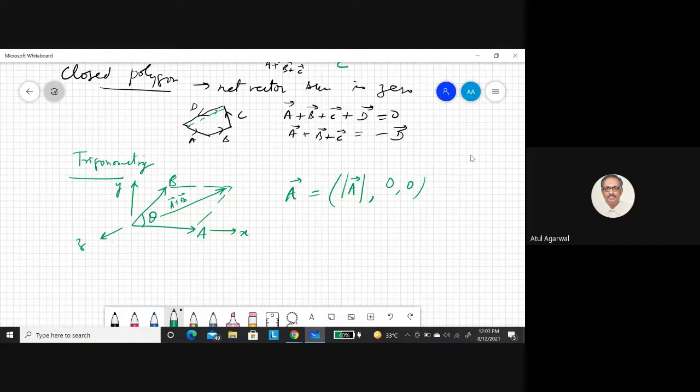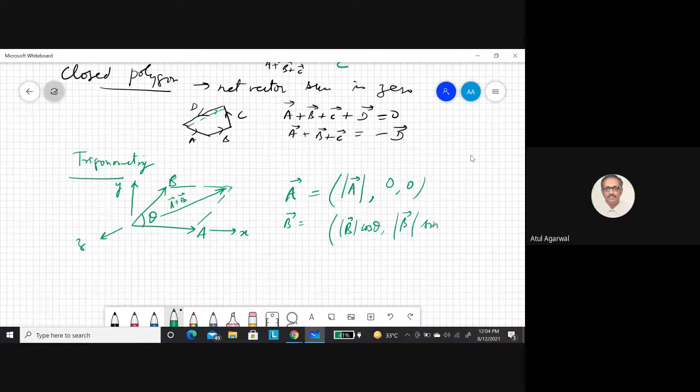And now vector b is making an angle theta with the x-axis, and vector b is in the xy plane. I can make a plane from these two vectors a and b, and my z-axis is perpendicular to that plane. So what is my vector b? Now I can say it is mod b cos theta, comma mod b sin theta, and 0.